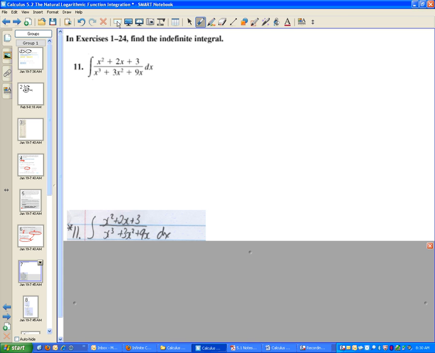Find the indefinite integral. We have the integral of x squared plus 2x plus 3, all that over x cubed plus 3x squared plus 9x dx.